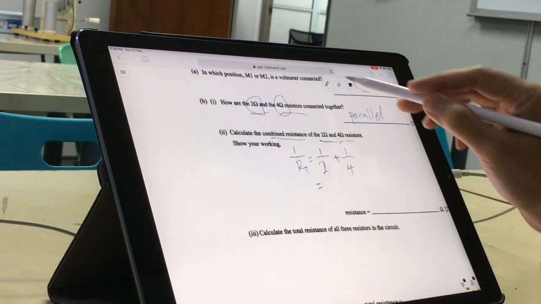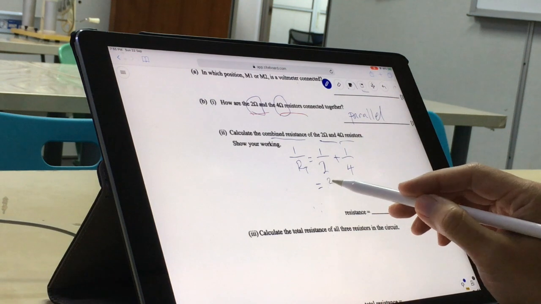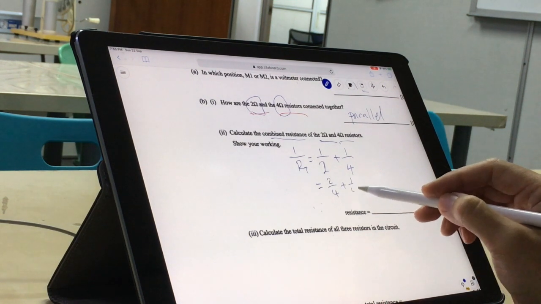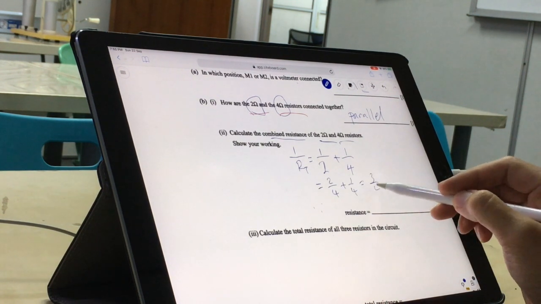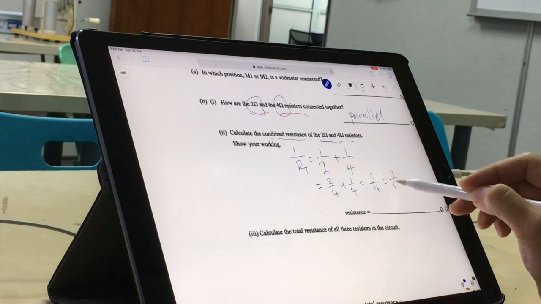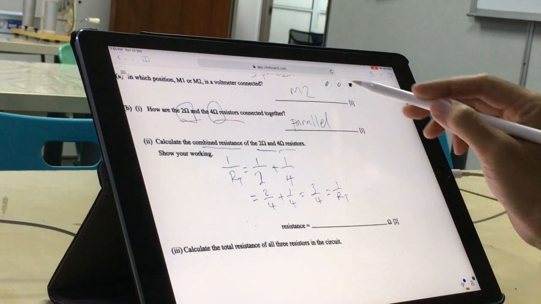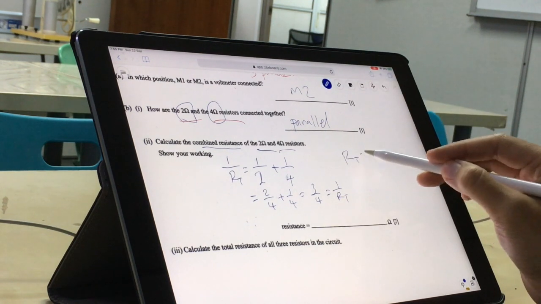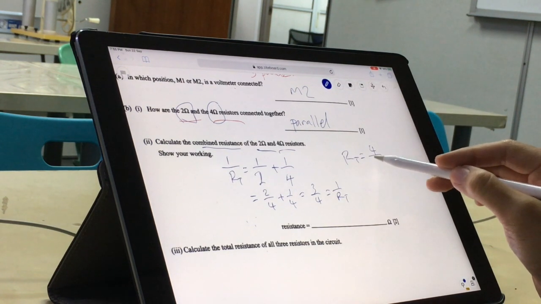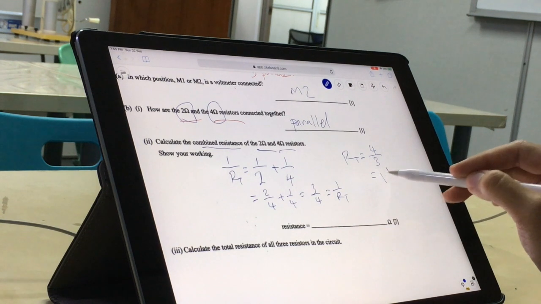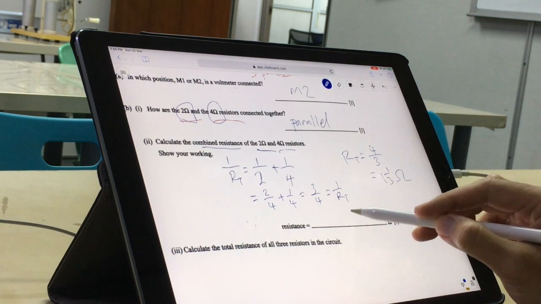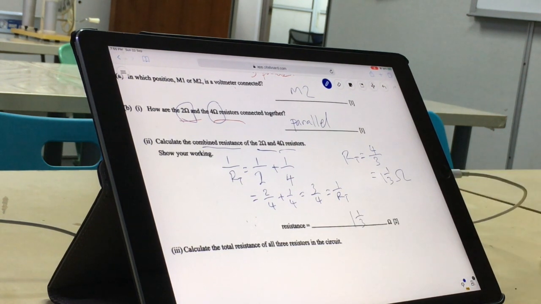So 2 over 4 plus 1 over 4 equals 3 over 4. So this is 1 over RT. If you want to find RT, it equals 4 over 3, which is 1 and 1/3 ohm. So the answer is 1 and 1/3. Is that okay?